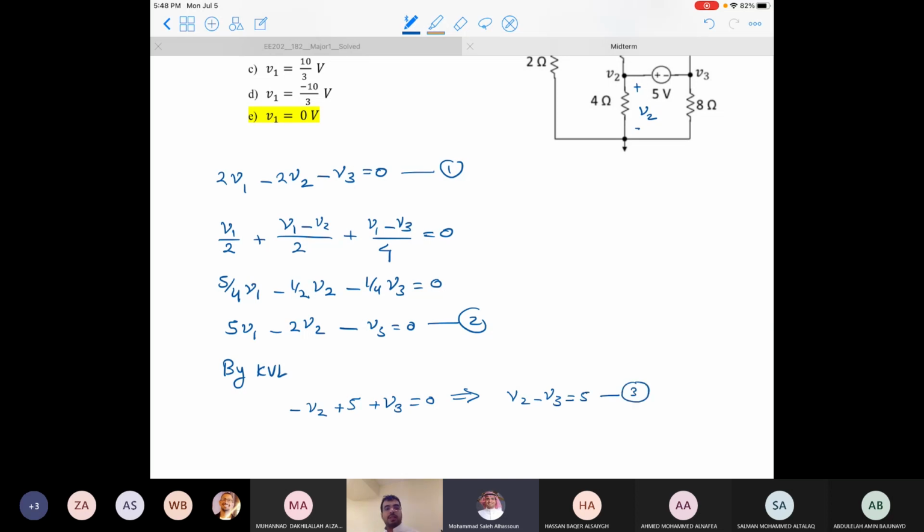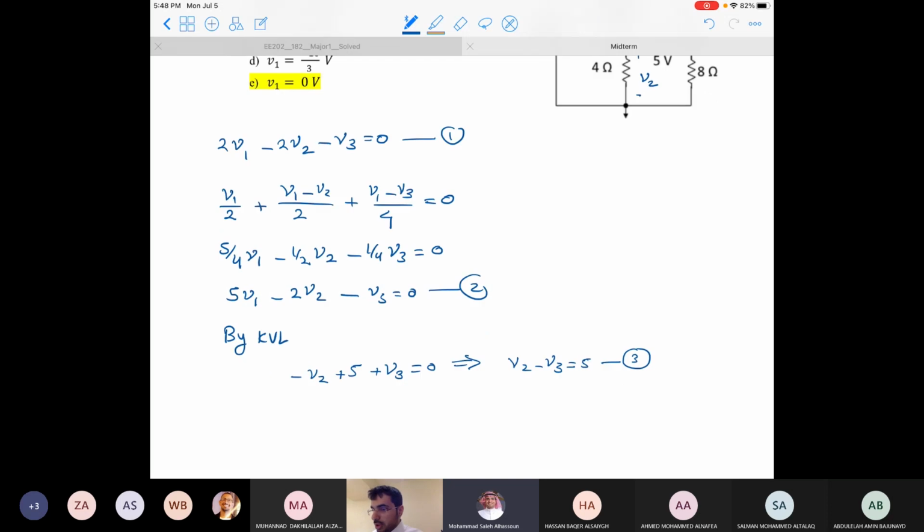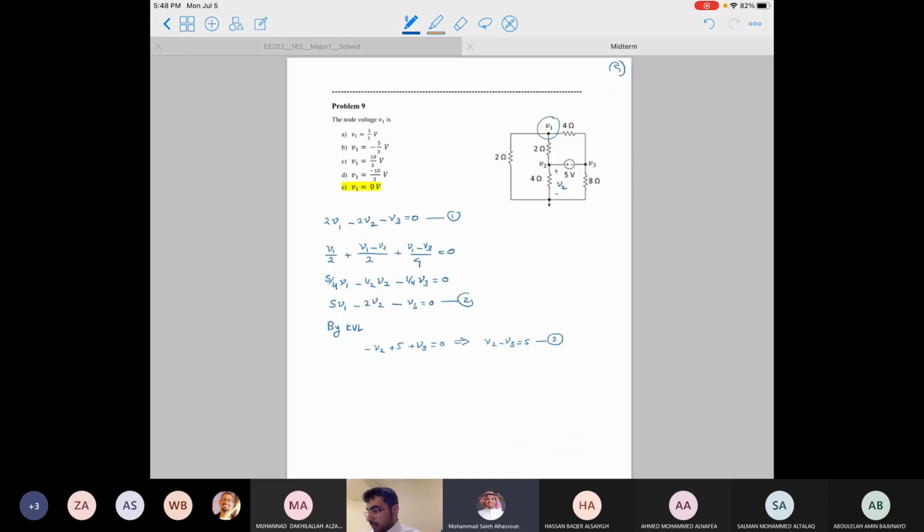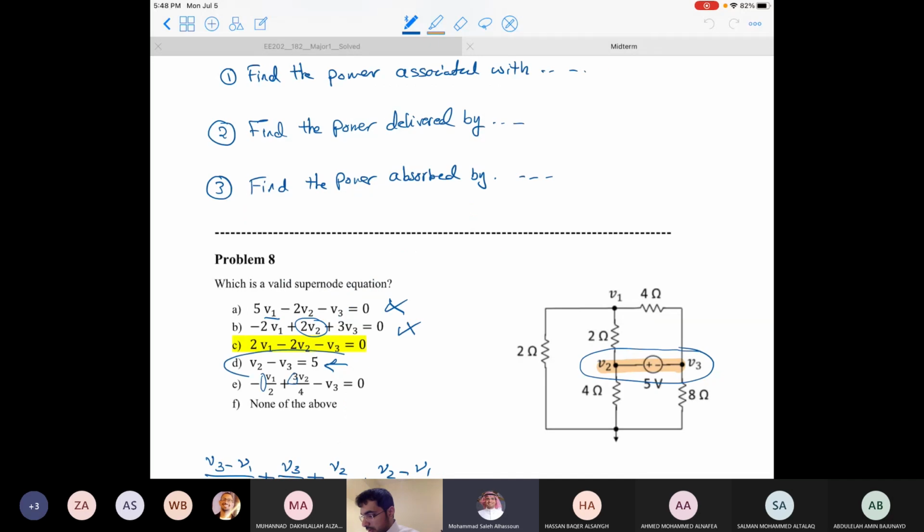So now I have three equations, three unknowns. I can easily solve for it. Actually, if you go back here, this is one of the equations.